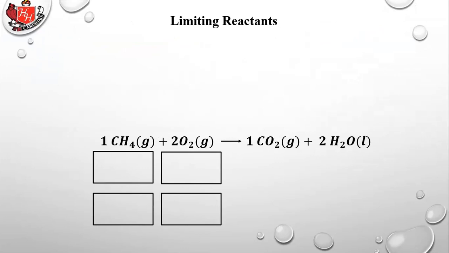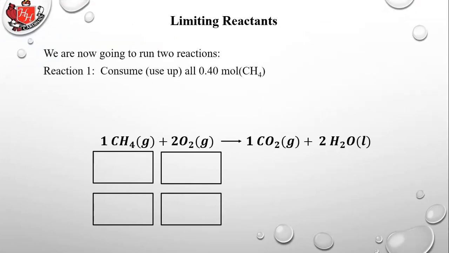So here we go. We are now going to run two reactions. Reaction 1 uses up all 0.4 moles of CH4. Reaction 2 uses up all 1.10 moles of O2. Those are the amounts that we have to work with.